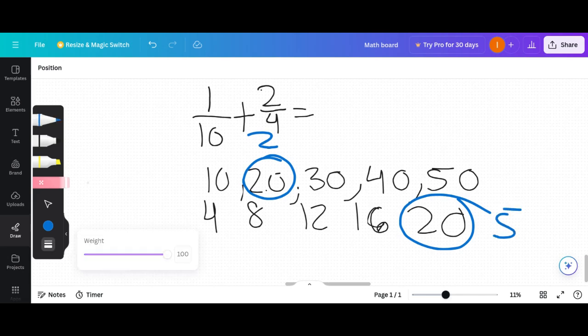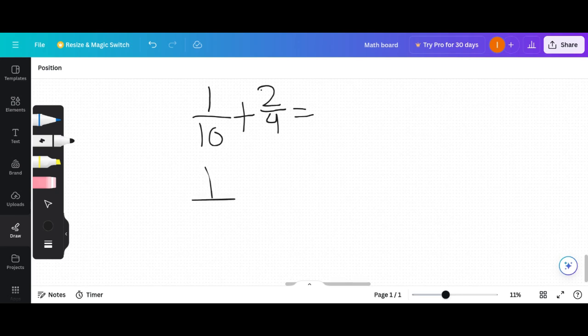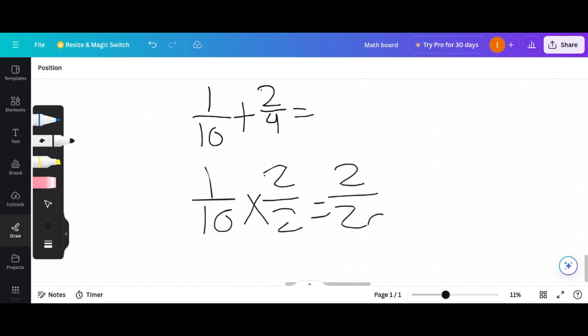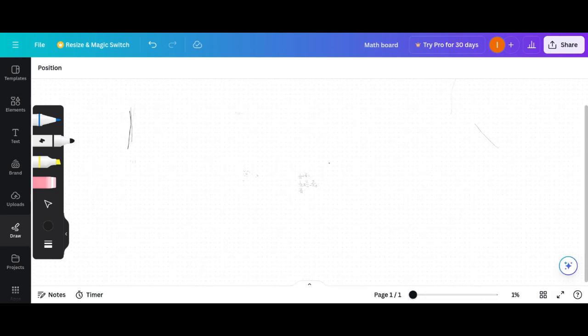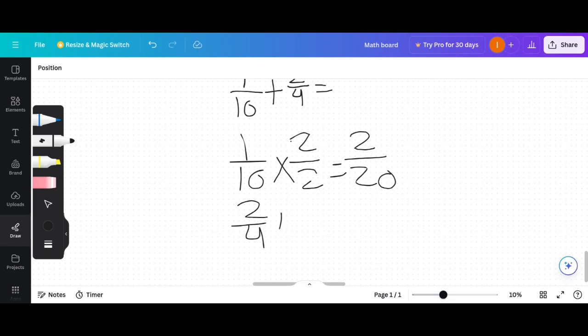So 1/10 times 2/2 equals 2/20. 2/4 times 5/5 equals 10/20.